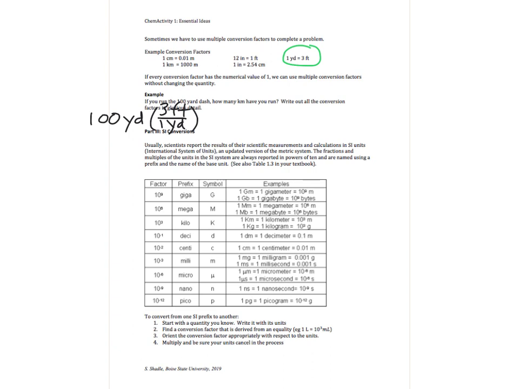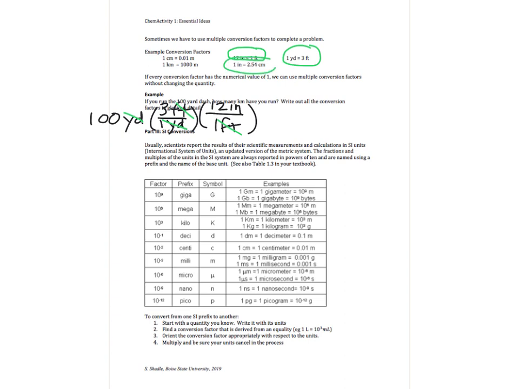So that's going to allow me to get rid of the yards and go to feet. So now I'm going to need some way to get from feet to something else. So let's go from feet to inches. So we'll go 1 foot is equal to 12 inches. So that's going to allow me to cancel out the feet, and I'm left with inches.